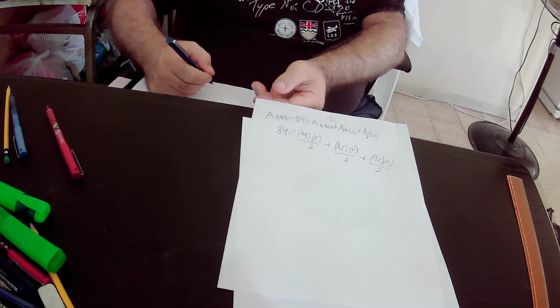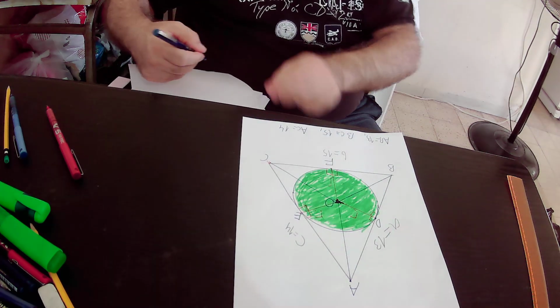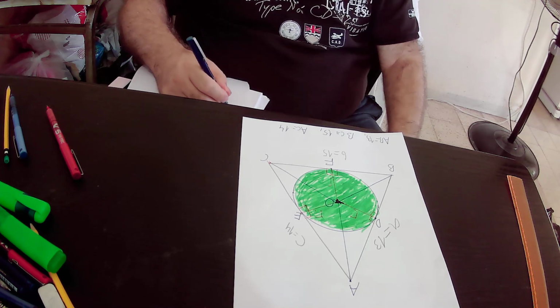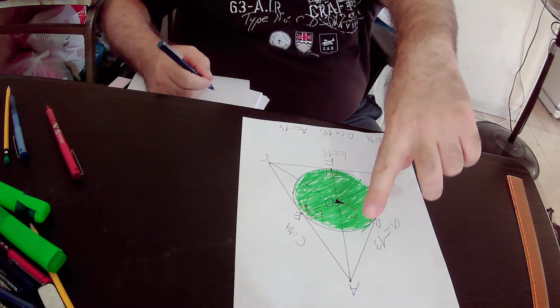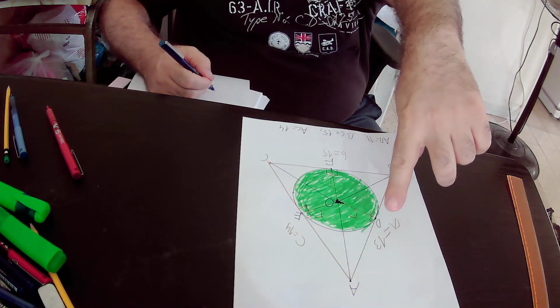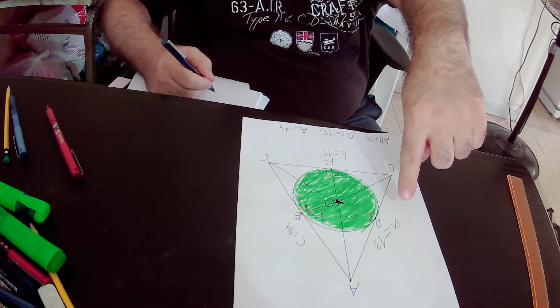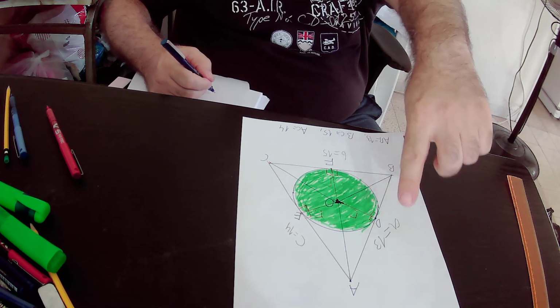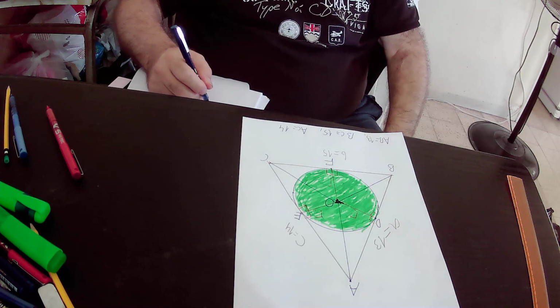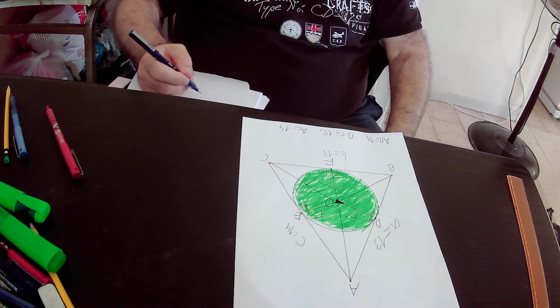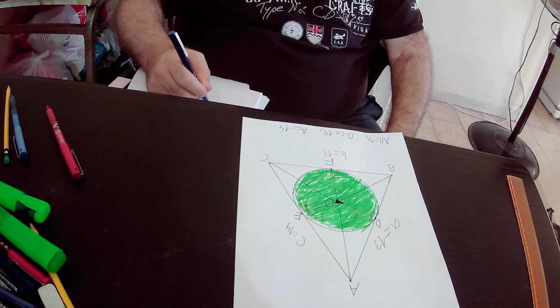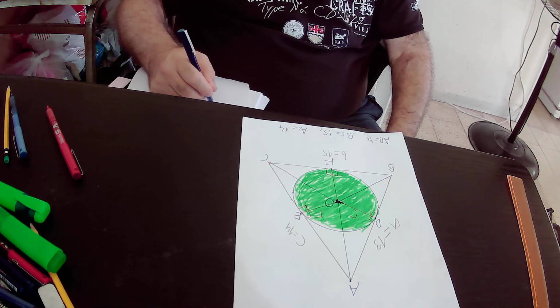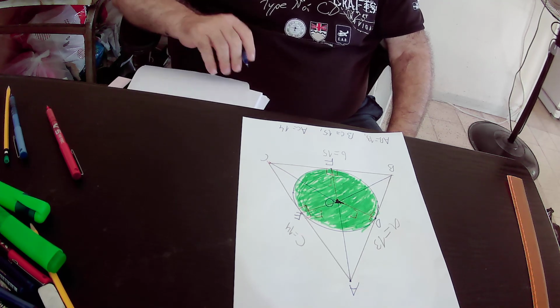Okay? And so what is AB? AB equals A according to our definition. So the area of triangle AOB equals A times the height, that is the radius, over 2. Okay?